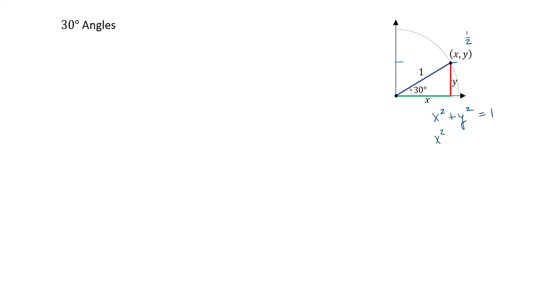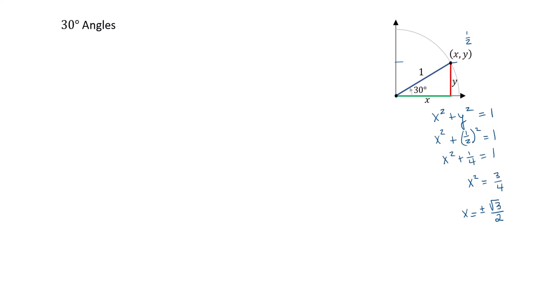So x squared plus 1/2 squared equals 1. That's x squared plus 1/4 equals 1. So x squared equals 3/4. Now when I take the square root, I'll have x is plus or minus the square root of 3 over the square root of 4, which is 2.